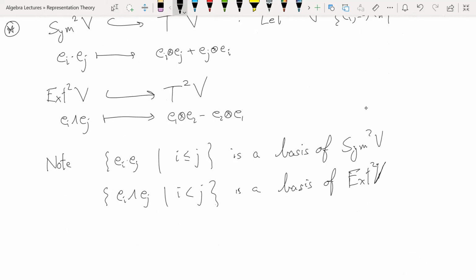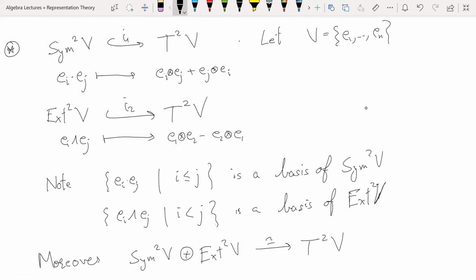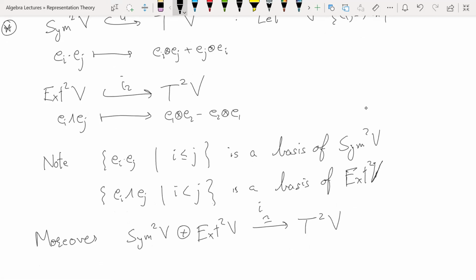Moreover, Sym2 V direct sum the exterior square of V under these maps gives an isomorphism onto T2V. Let's call these I1 and I2, so this is the I1 plus I2 map.